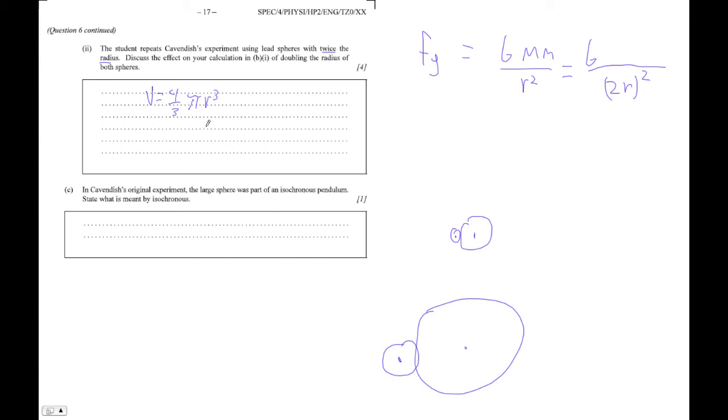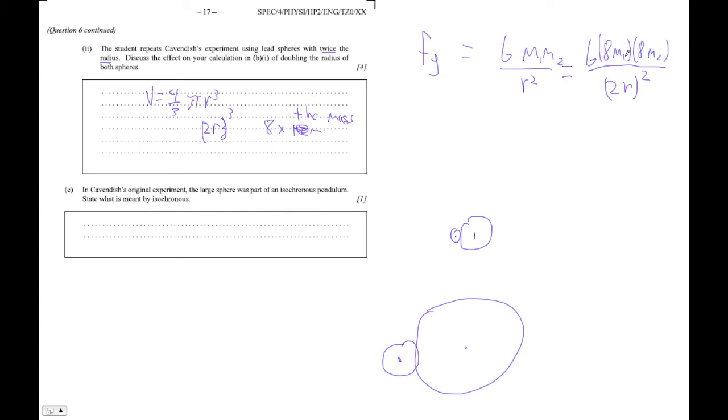If you double something that's cubed, 2r to the third is going to be 8 times the mass. Both masses are going to increase by a factor of 8, so 8 m1 times 8 m2.